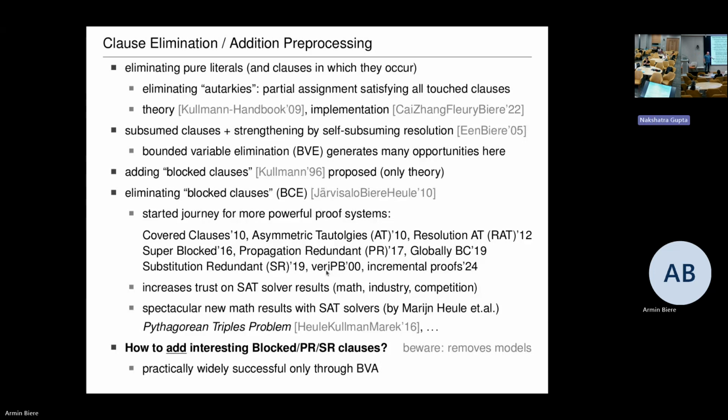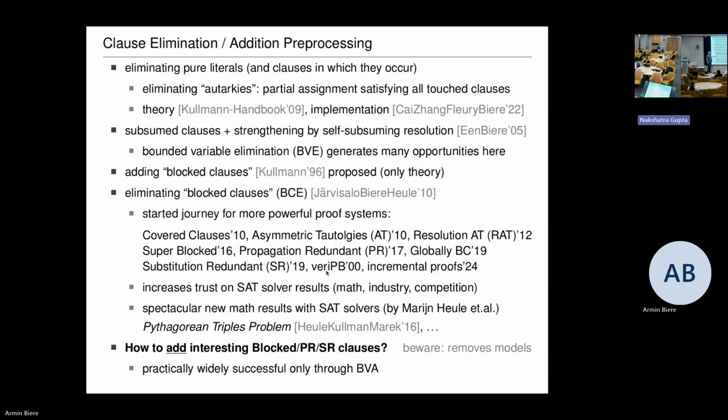Okay, and then last but not least, there are these spectacular math results with SAT solvers. The first really big one was this Pythagorean triple problem in 2016. Now, you see, all the practical part, so this was theoretical here, was about actually removing clauses.